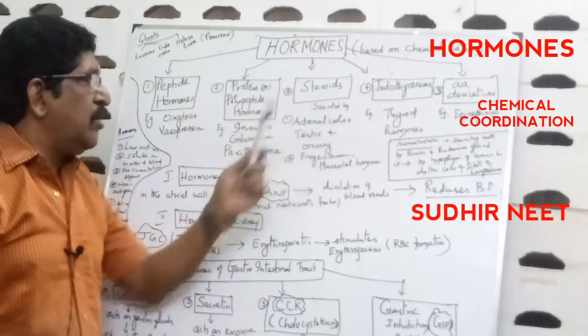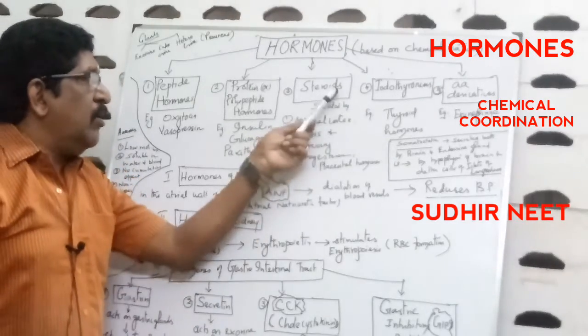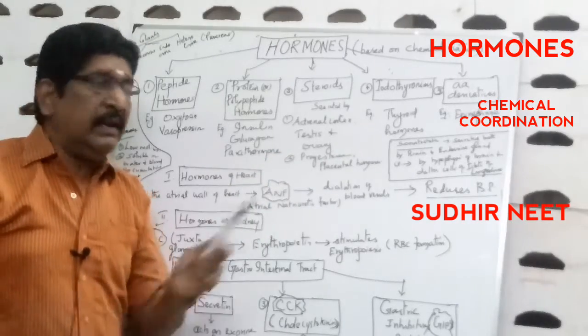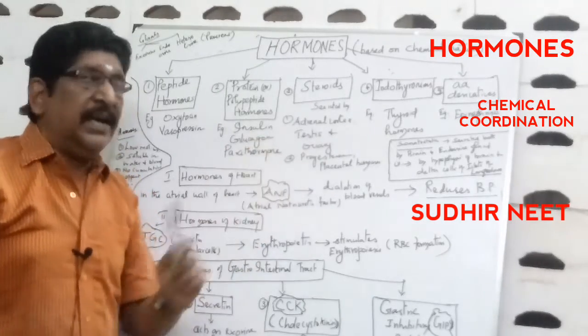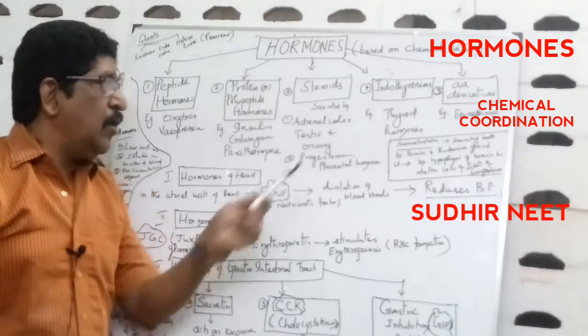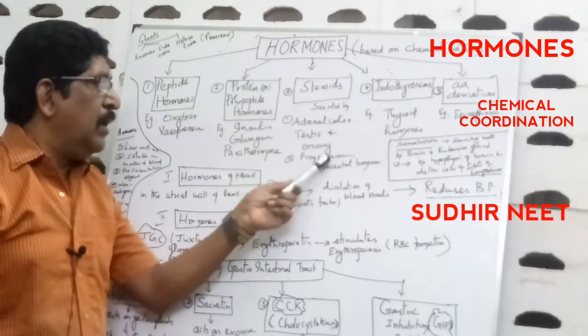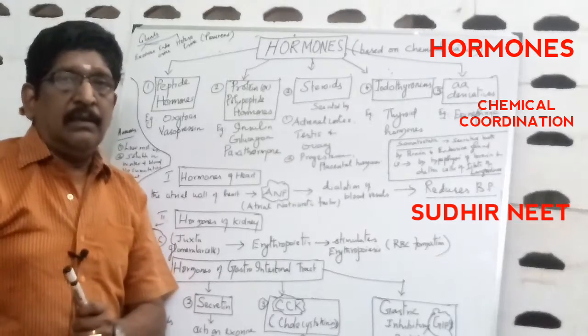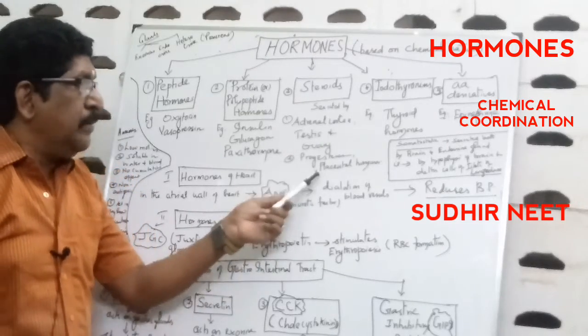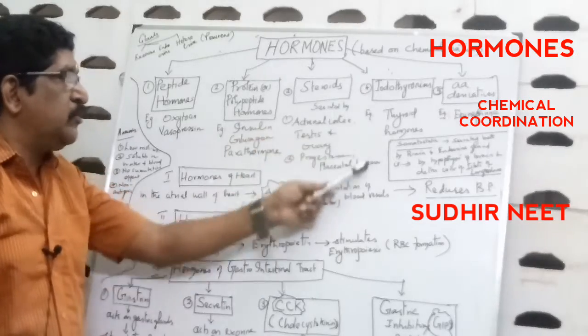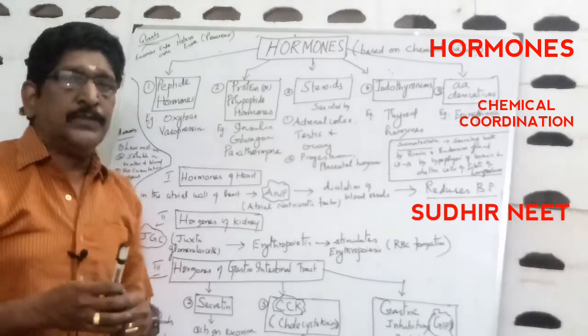They are all steroid hormones. They are also secreted by the testis and ovary, the male reproductive organ testis and the female reproductive organ ovary. They also produce steroid hormones. And another example, progesterone and placental hormones. These are all examples of steroid hormones.